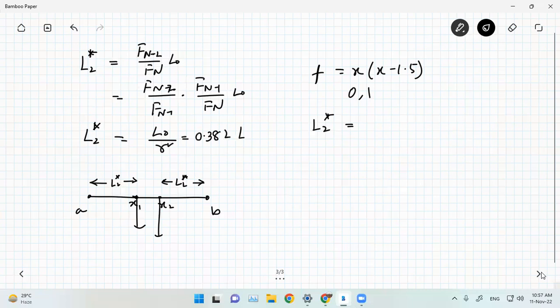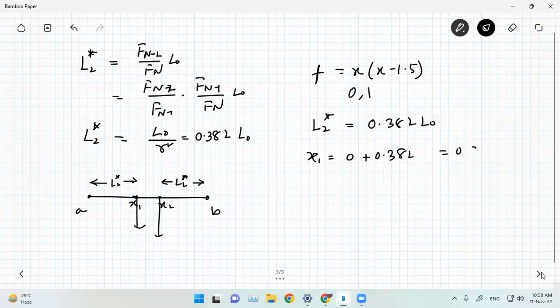So we apply 0.382 directly here. Since we have a fixed ratio, you are going to see that less calculation will be required in this method. Once the value of L2 is known, our X1 value will be A plus 0.382, that is 0 plus 0.382.